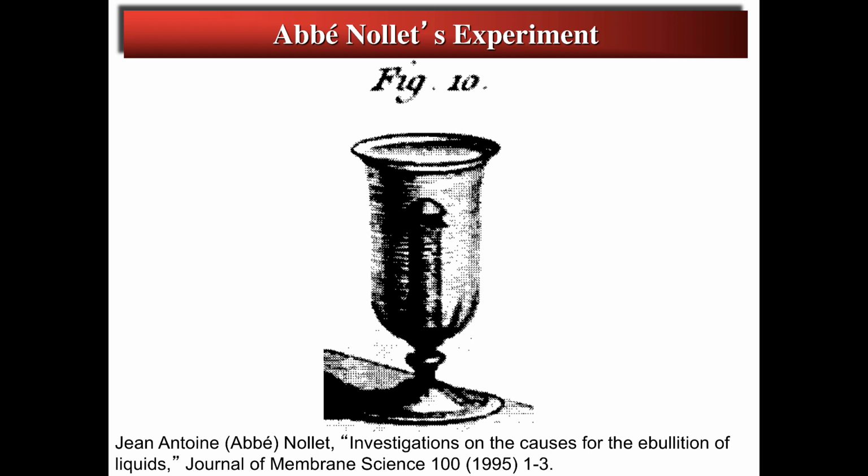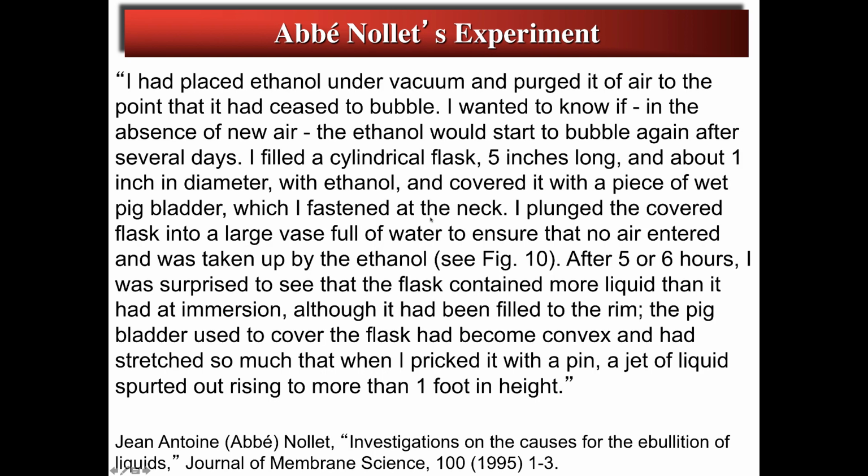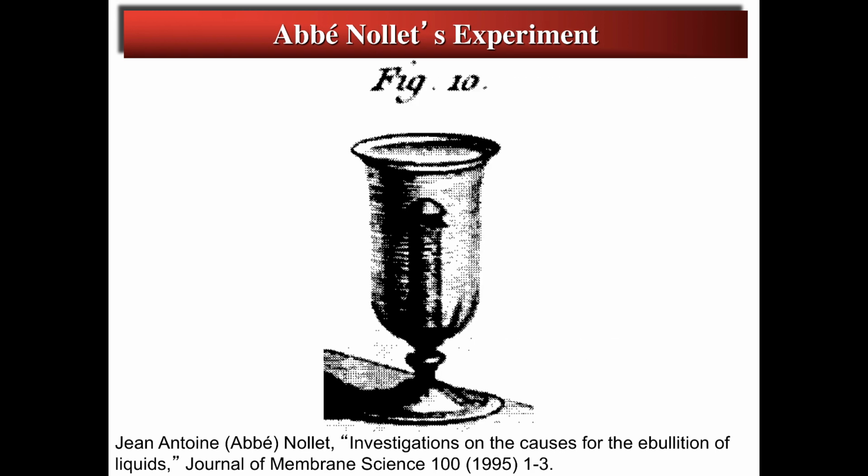What he has done is he has placed in this central glass cylindrical tube ethanol under vacuum and purged it from air, and then he's tied a pig bladder over the top of it to fasten it, and he has made it as tight as he possibly could.